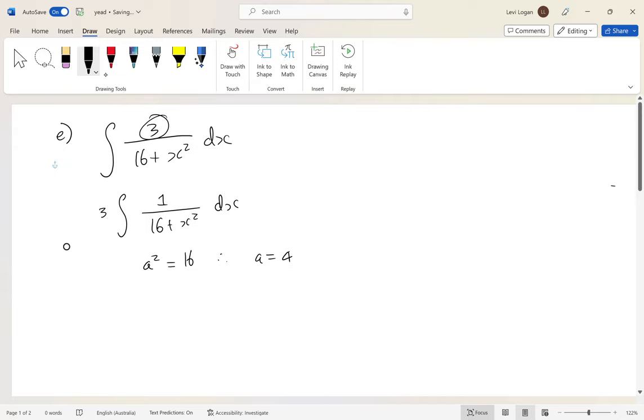It doesn't have an a at the top, so we need to divide by this a value. So we'll go 3 times 1 over our a value, which is 4, tan inverse of x over our a value, which is 4, plus c. So therefore it's 3 over 4 tan inverse x over 4 plus c.